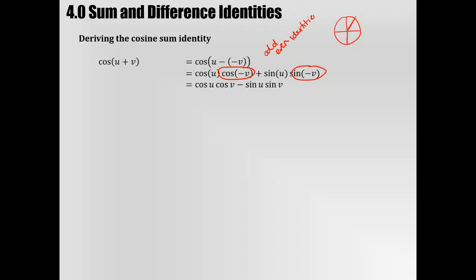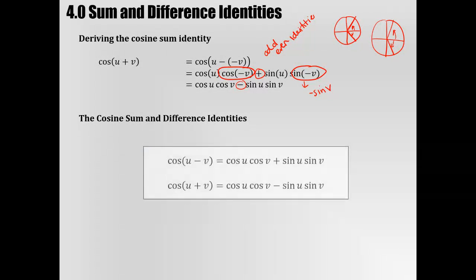Say if I'm going to go up here versus I'm going to go down here with the same reference angle, I'm going to get the same cosine value. Whereas if I did that with sine, and I went up here versus down here with the same reference angle, I'm going to get the opposite output. And that's why that positive becomes a negative, because this right here is the same thing as negative sine of nu, right? So then you had a negative, and that's where this negative, you're multiplying a negative by a positive, and that's where that negative came from.